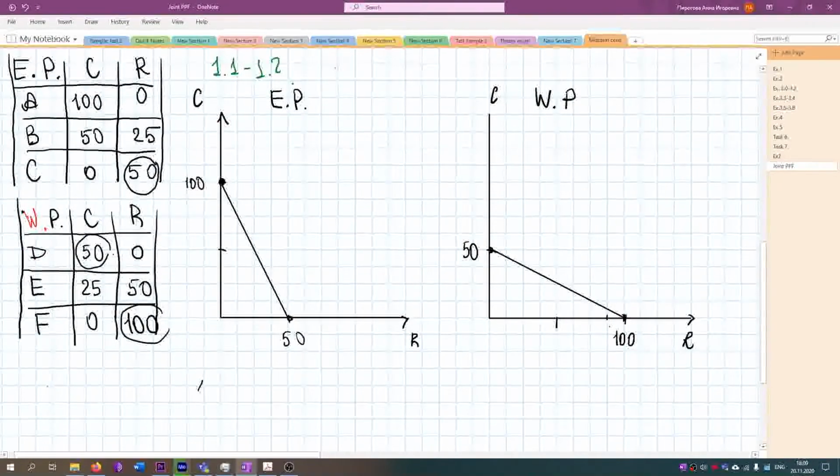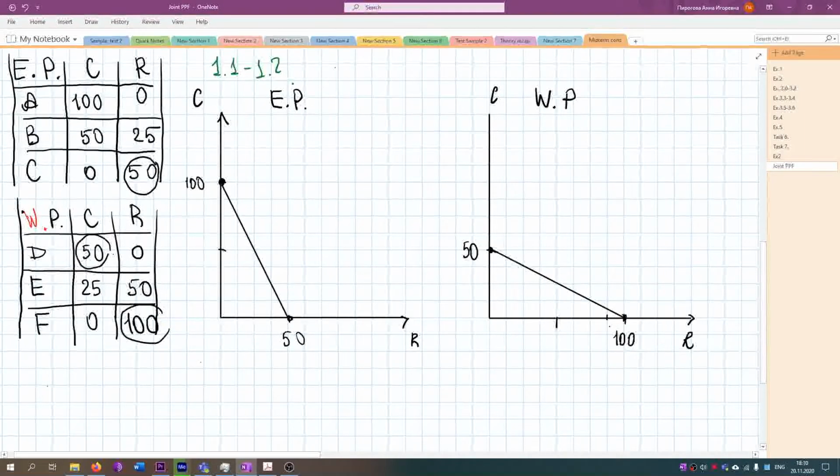So our first method will be a little bit faster, but it's a little bit more difficult. So we need to find the equation of the line which passes through these 2 points.